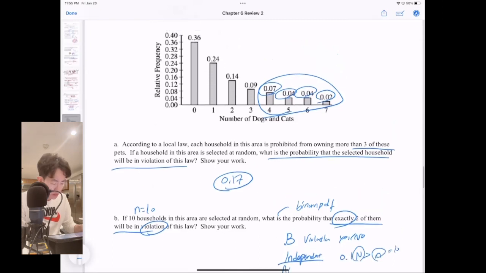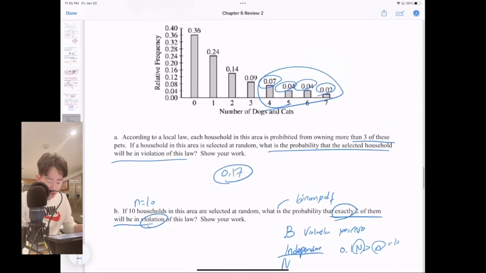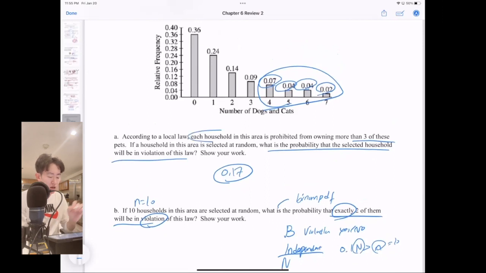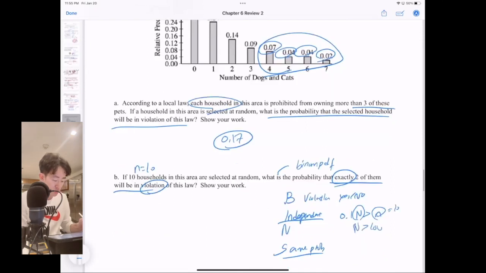So do we have evidence to believe that there's actually more than 100 households in here? How did I get 100? You guys know, divide the other side by 0.1 or just add the 0 at the end. Now, when you do that, is there a good enough reason for us to believe that there's more than 100 households? Yes, absolutely.